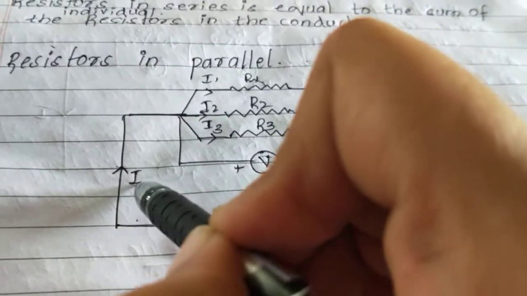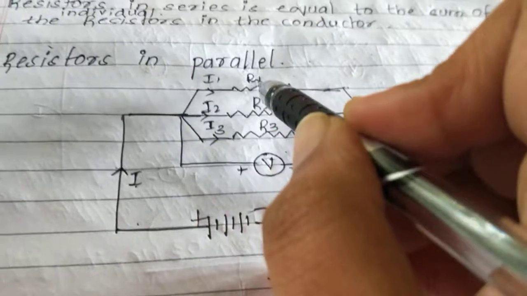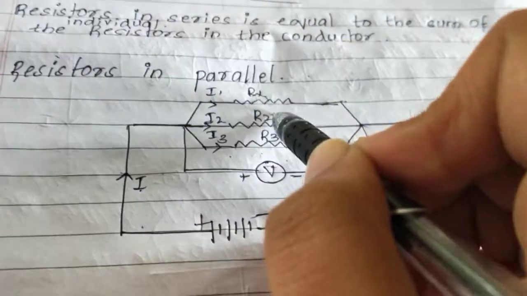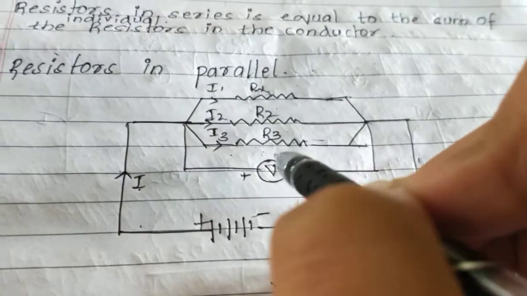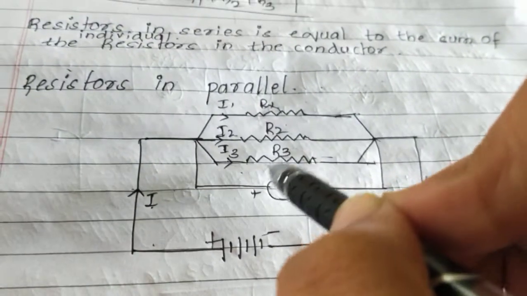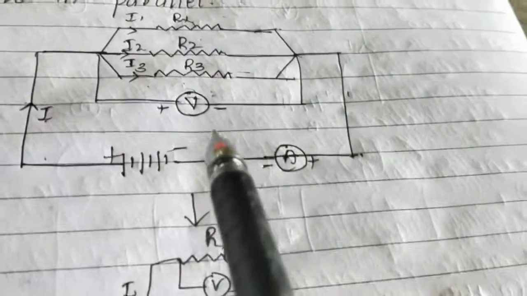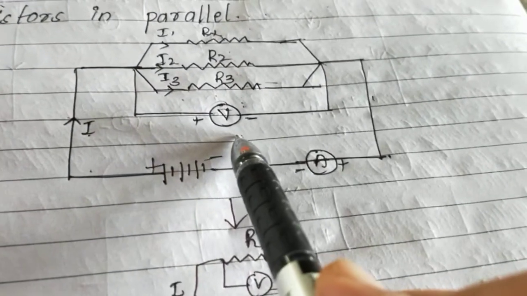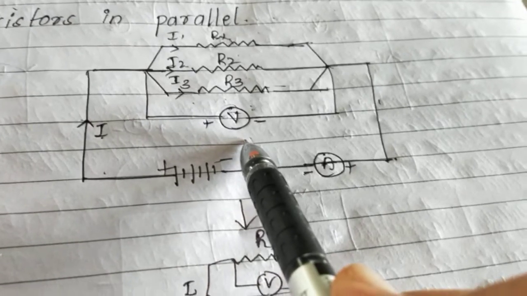The individual current I is divided into three parts, that is I1, I2 and I3, for three different resistors. But the voltage, the potential difference across the ends of the conductor, will be constant. That is the main difference between resistors arranged in parallel and resistors arranged in series.